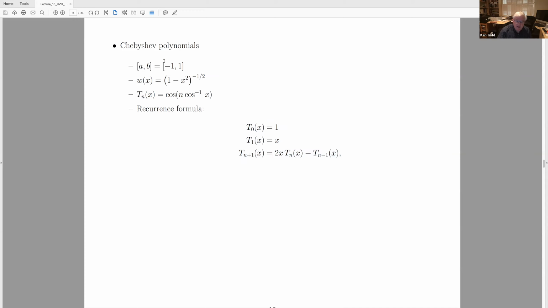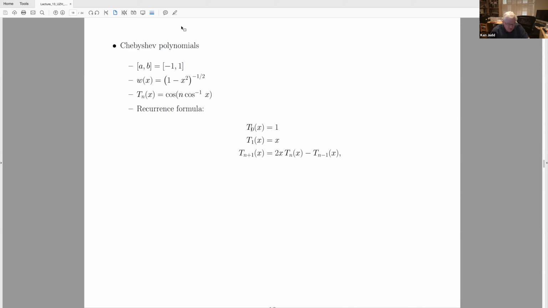By the way, it's called Chebyshev polynomial, but the letter T is used. And that's because in some Western European languages, Chebyshev is spelled T-C-H.